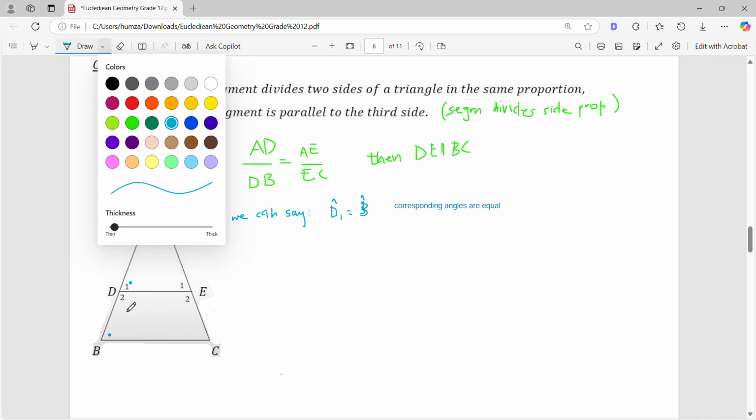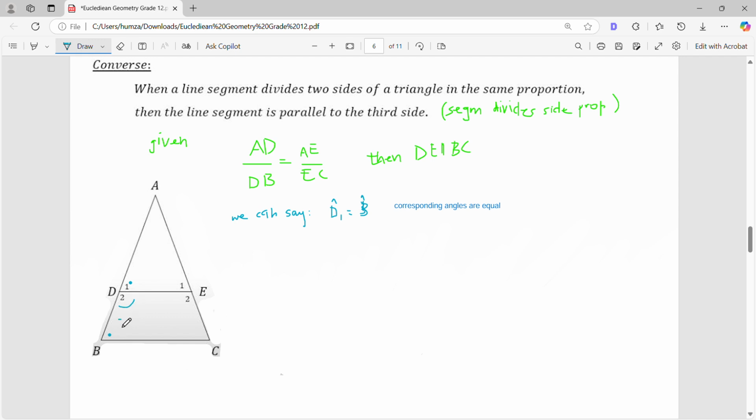Now we can say that D2 plus B is equal to 180 degrees. And why? Because they are co-interior angles. They are supplementary angles.